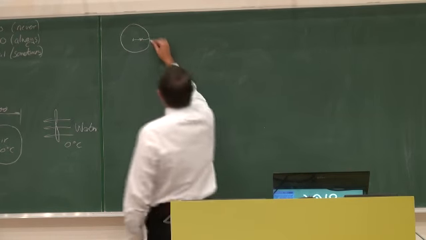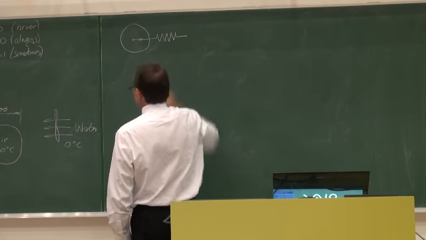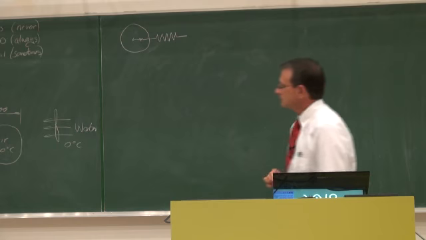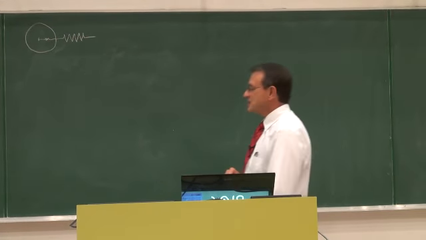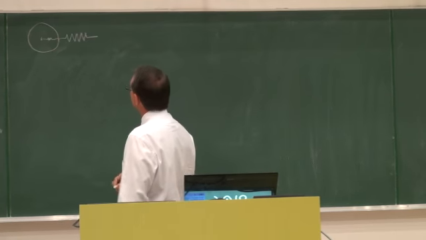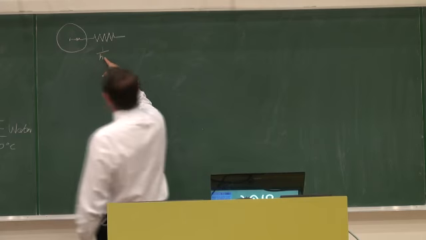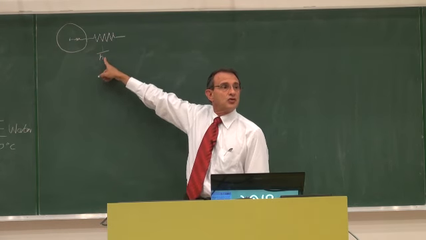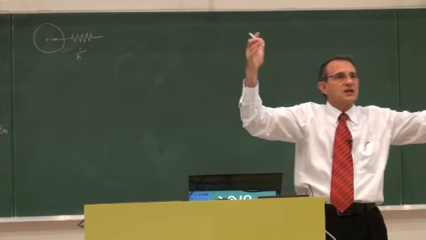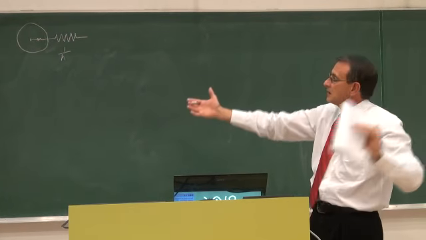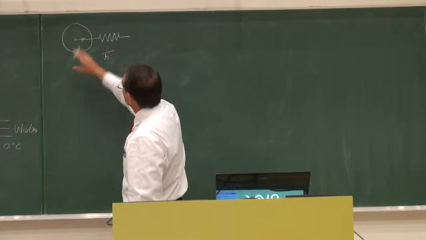While here on the outside, we've got air, so the resistance is very, very high. This resistance is 1 divided by the heat transfer coefficient. The heat transfer coefficient of still air is typically maybe 10 to 20. So this is going to be a high value and a low value.